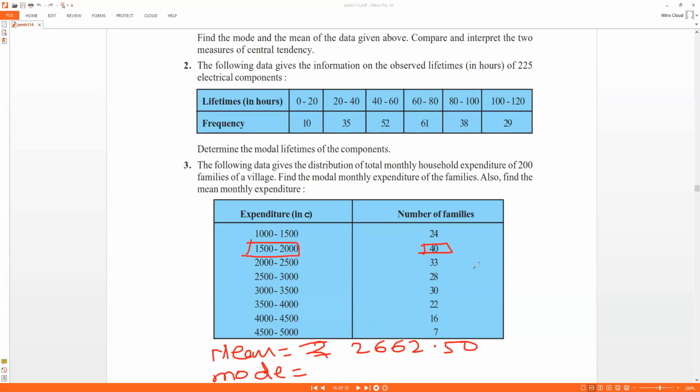Isn't it? Yes, sir. This is the modal class. So this is L, lower limit of the modal class, 1500. This is f1. This is f0. This is f2.